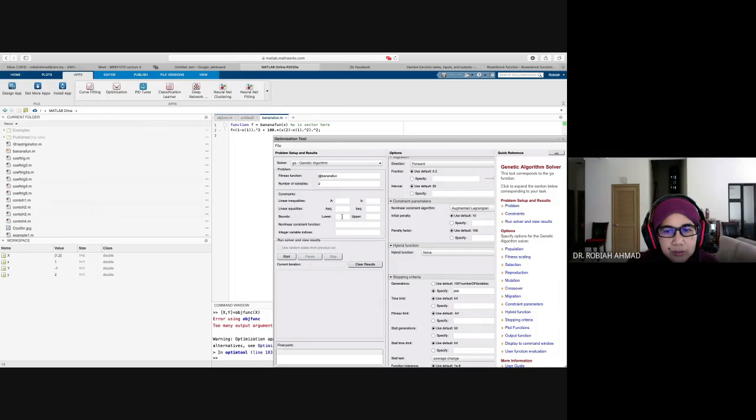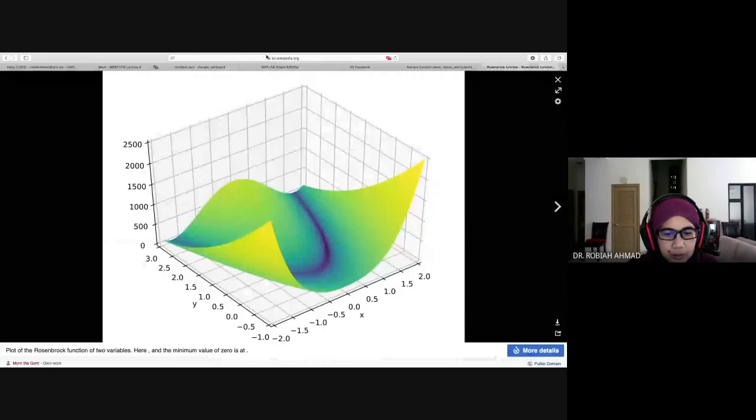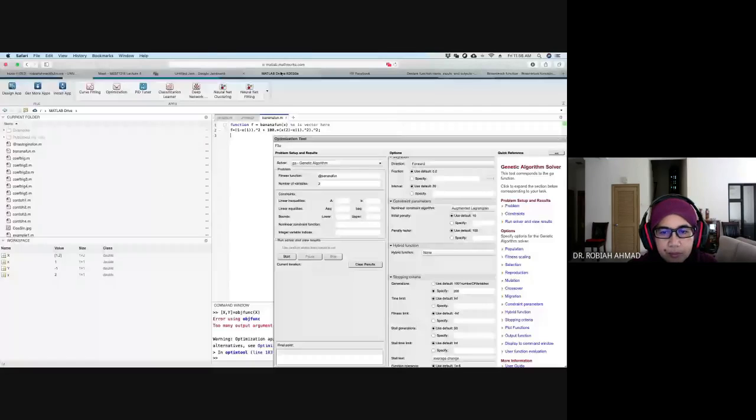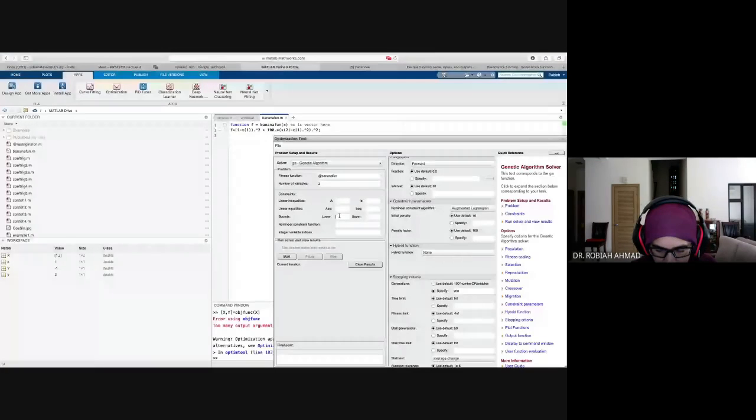Lower just now. 3 to minus 1. Lower minus 1 and minus 2. 1.0.